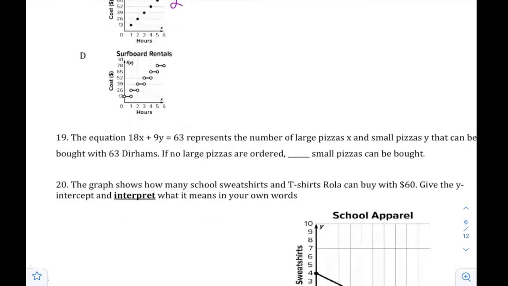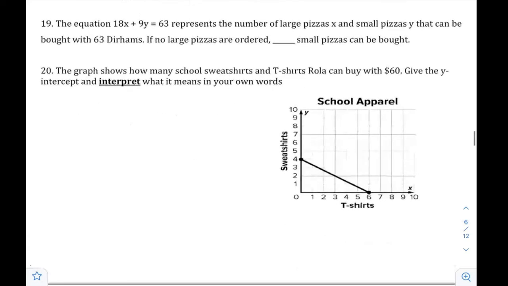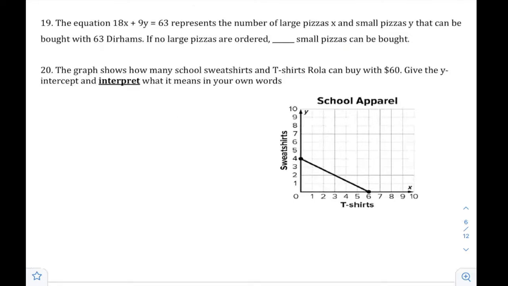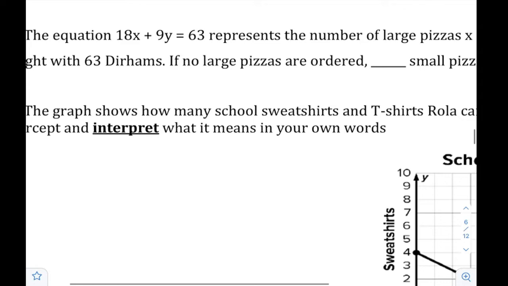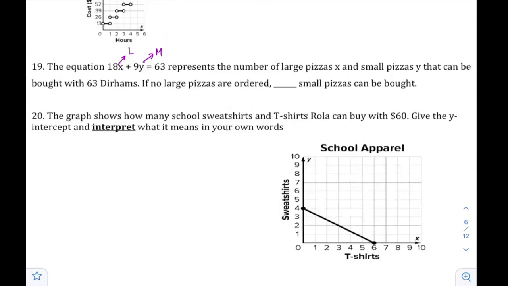Okay, let's see now what will happen here. The equation 18x plus 9y equals 63 represents the number of large pizzas x and small pizzas y. So this represents L and this M pizza, and it can be bought for 63 dirhams.